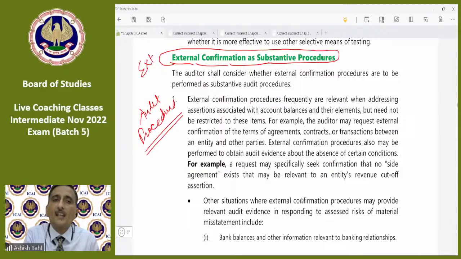External confirmation is an audit procedure. So guys, just to refresh your knowledge, what are the names of other audit procedures? Tell me, drop your mails. What were the other names of audit procedures which we have studied? Apart from external confirmation, what were the names of other audit procedures?